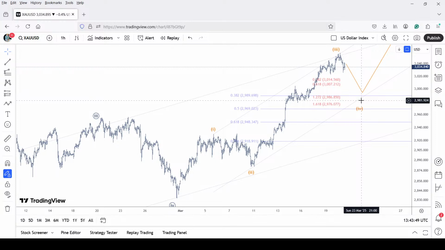Right, that looks like a more high probability wave count at this point in time in gold.